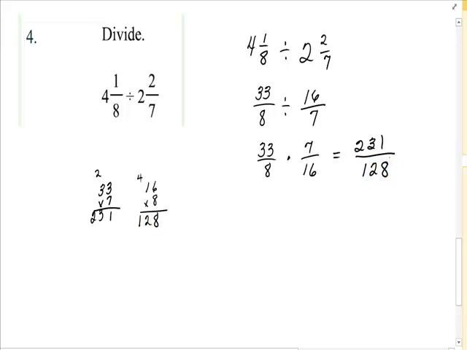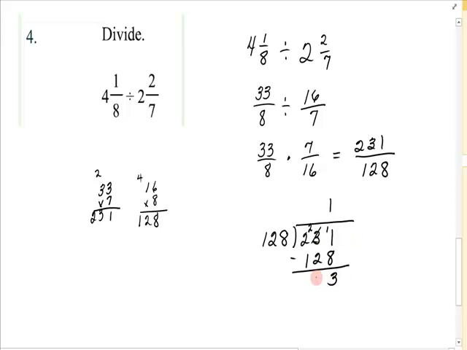Now I've got an improper answer, not a good finished answer, so I divide 128 into 231. It's only going to go in there one time. 1 times 128 is 128. And let's see, I can't subtract, so I have to borrow, and I get 3.